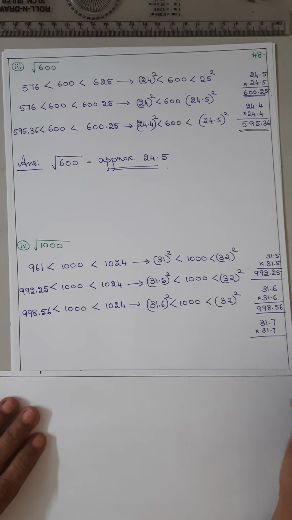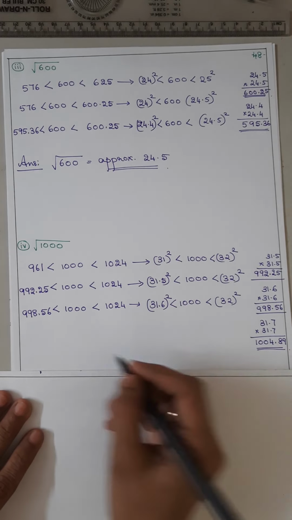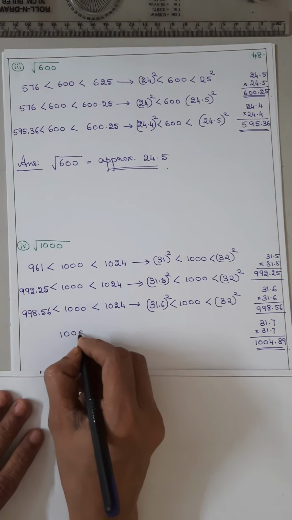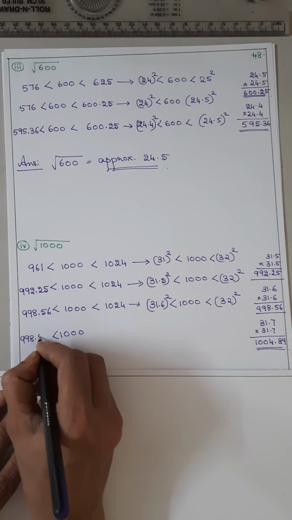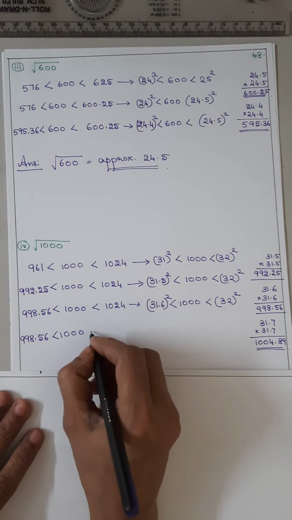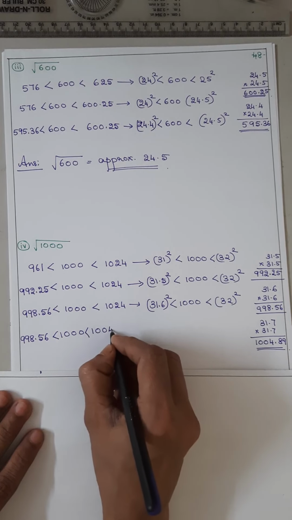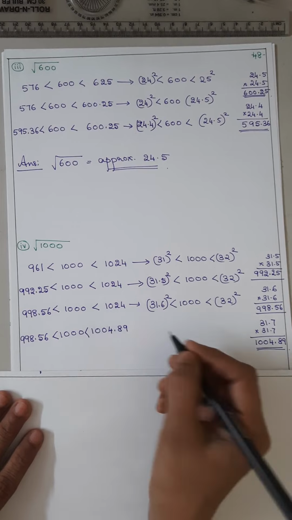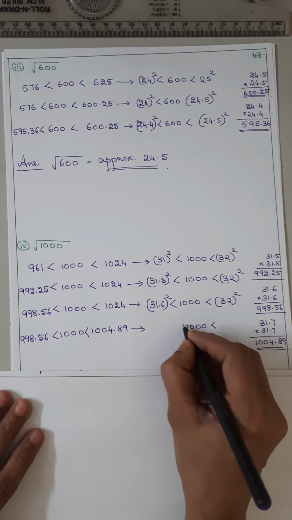So it will be 1004.89. 1004.89 means 1000 is between 998.56 and 1004.89. That means 1000 is between which two squares?